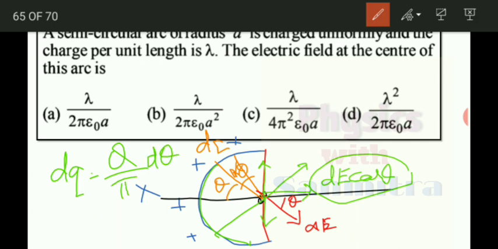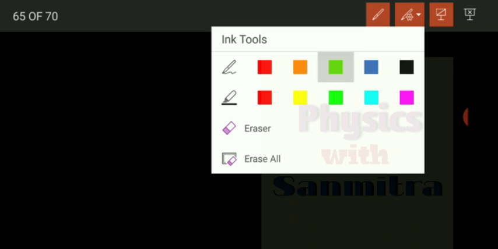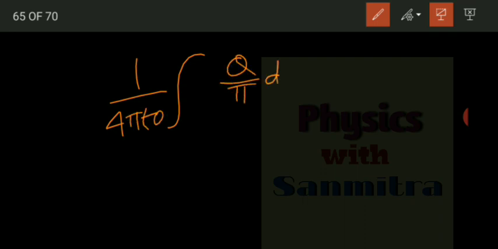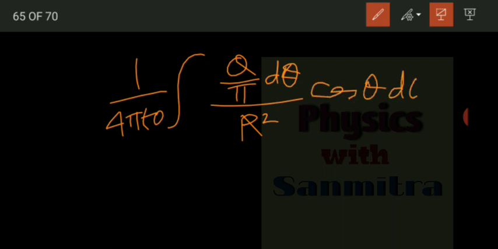So now what I can write here is the integration of dE cos theta. What is dE? dE is 1 by 4 pi epsilon naught dq by r square. dq is q by pi into d theta, and r is constant. So dE cos theta is dq by r square cos theta d theta, where I will be integrating from minus pi by 4 to pi by 4.